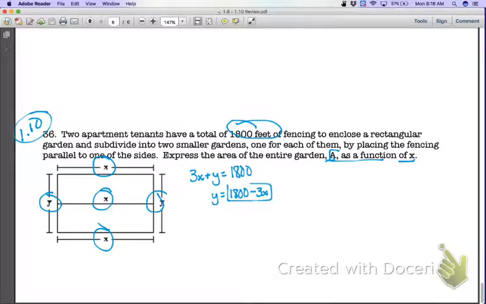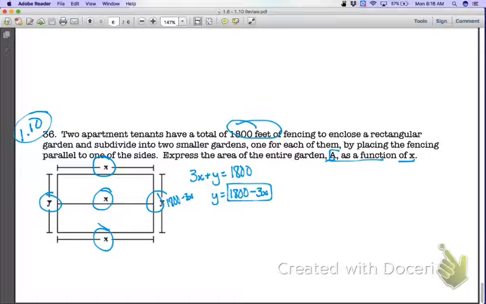So there's one value. As far as, we could basically rewrite this as 1,800 minus 3X.